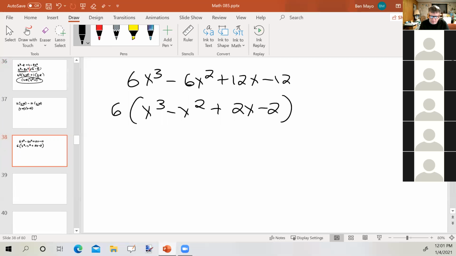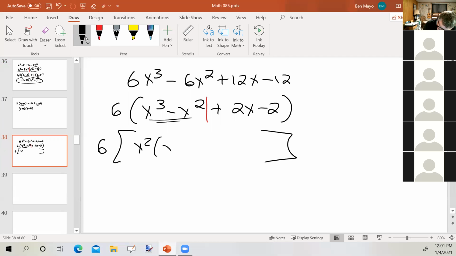Okay. Now I'm going to take what's inside and factor that by grouping. So I'm going to get the 6 outside. I'm going to switch to brackets instead of parentheses, and hopefully you'll see why here in a minute, because now I'm going to have what? X squared times x minus 1. Over here, I'm going to have x minus 1 and a plus 2.